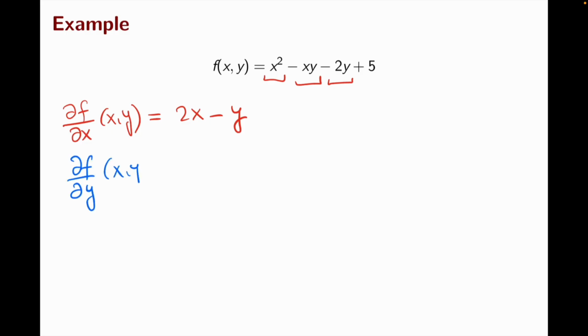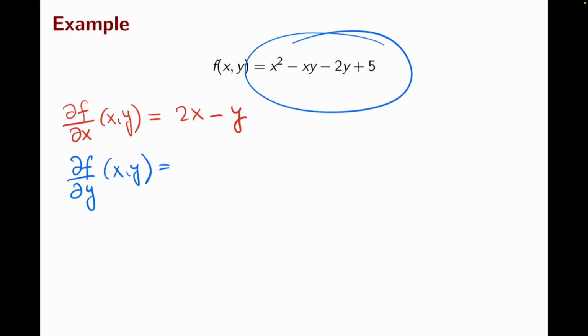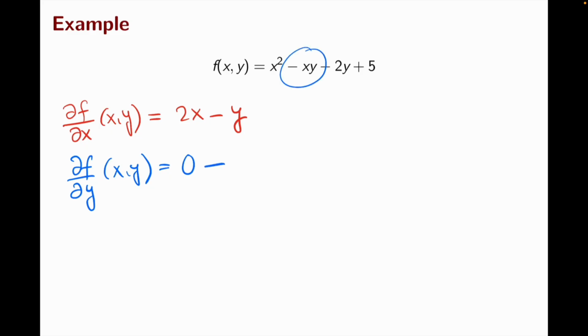Okay, so let's do the same now for the derivative of this function, but now with respect to y. So we are going to consider now this function as a function of y only. So every time that x appears, it will be considered as a constant. In that way, the derivative of x squared is just 0 minus the derivative of xy.